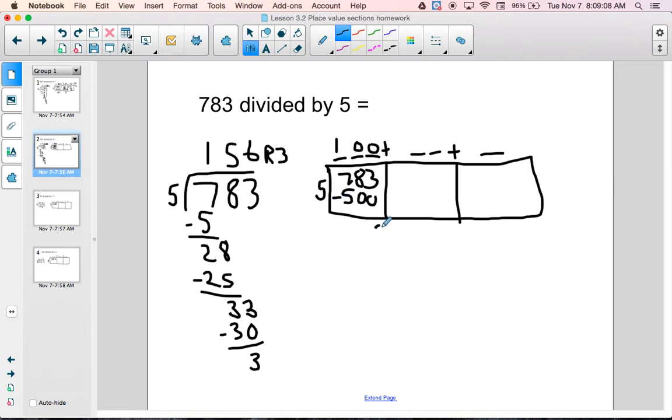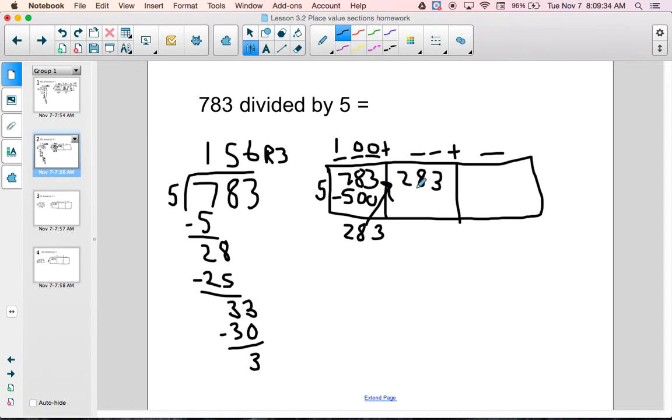We subtract 283. We write that up here. We're going to ask ourselves, how many tens can I make? And I like to keep the digits lined up like this when I write it in the box. The 3 above the 1s, the 8 above the 10s, and the 2 out here in the hundreds.